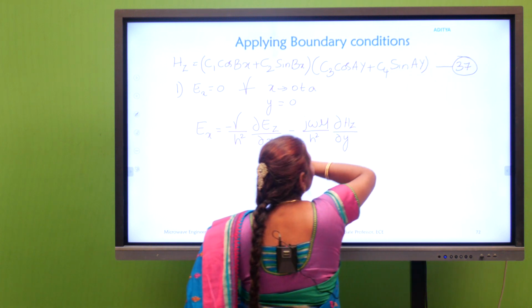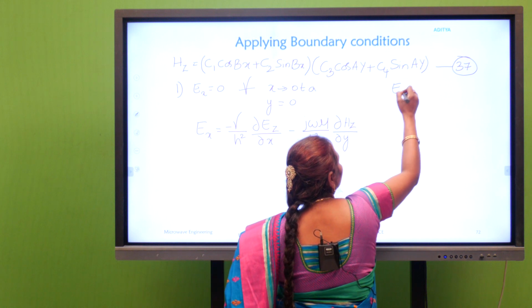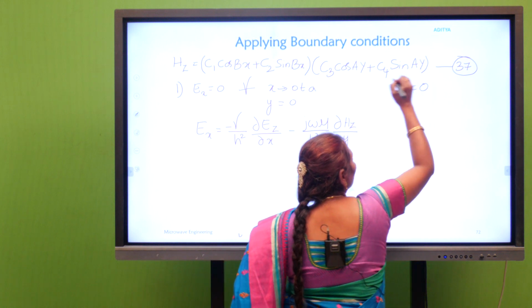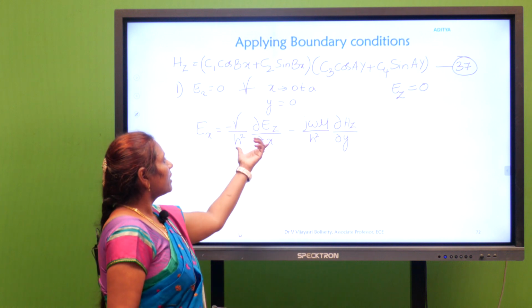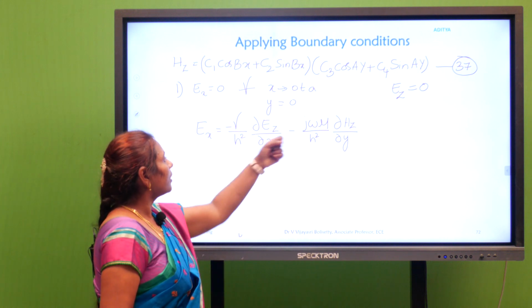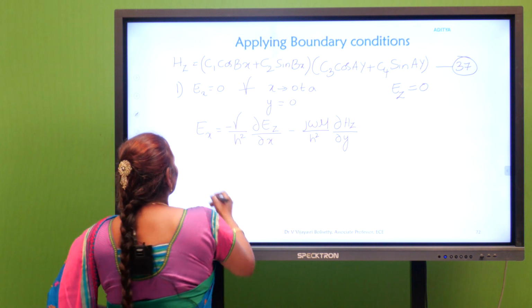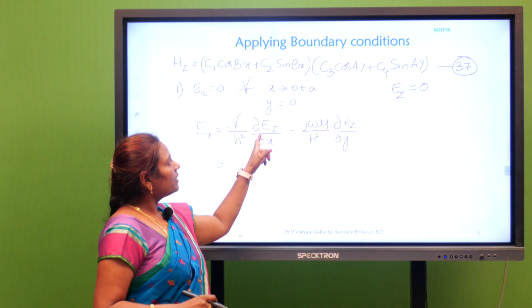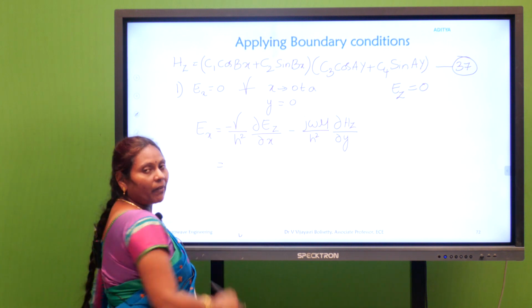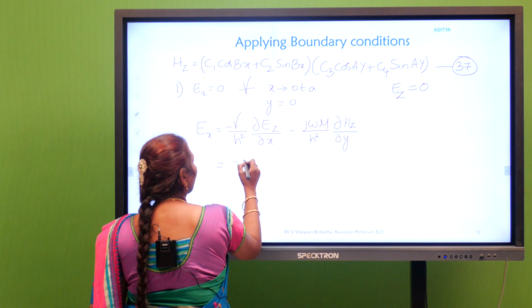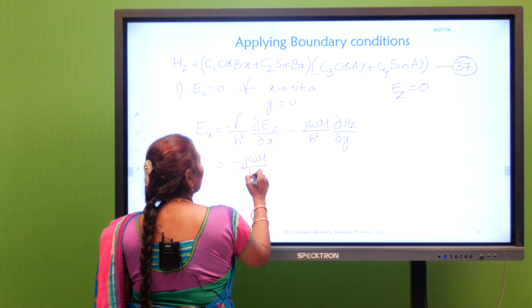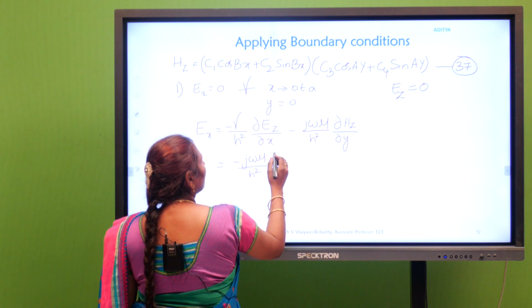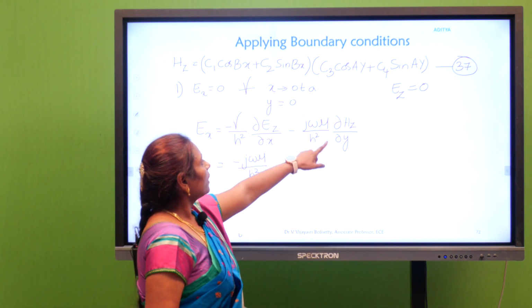And as it is a TE wave equation, we know Ez is equal to 0. So let us substitute Ez is equal to 0 and Hz here. As Ez is equal to 0, the first term will vanish and you are going to get minus j omega mu by h square into dou Hz by dou y.